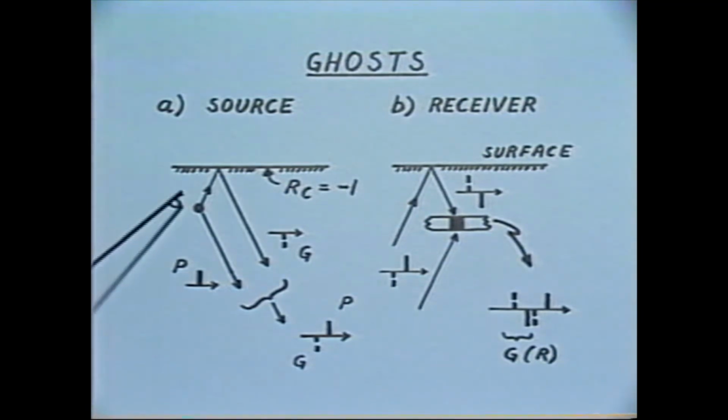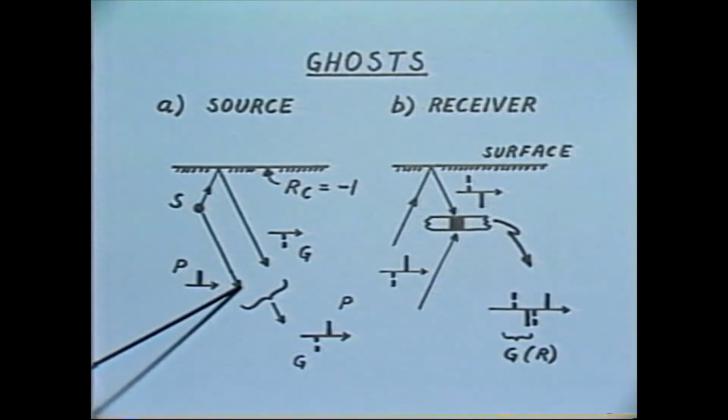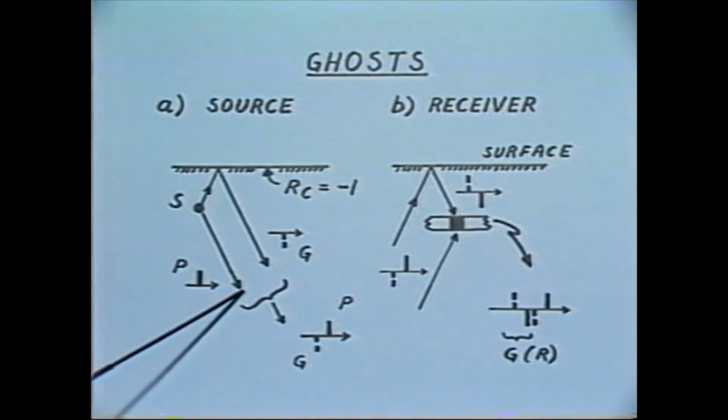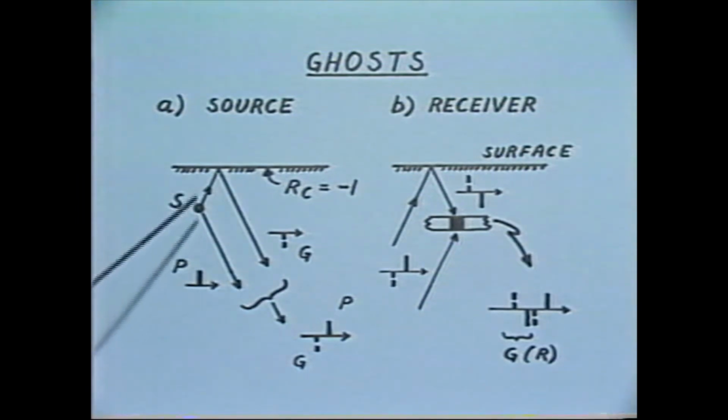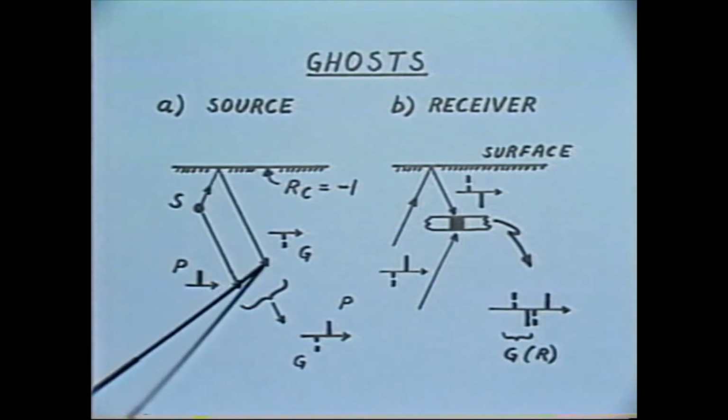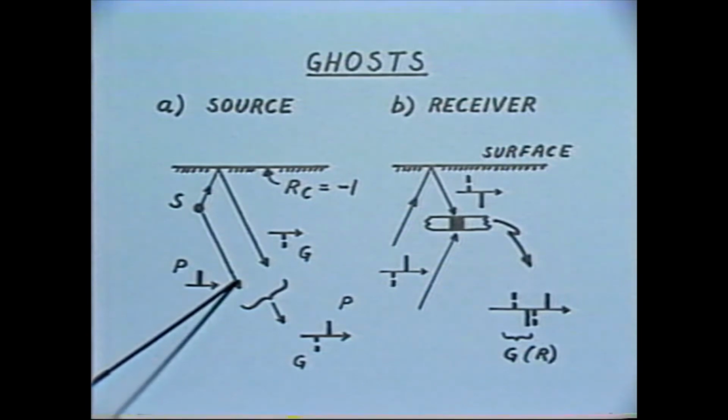If we have the seismic energy source at some distance below the surface of the Earth or surface of the water, then a ray of energy which travels down into the Earth in this direction and eventually forms a reflection is not the only ray of seismic energy traveling in that direction. There is another ray which travels first of all up towards the surface and is reflected back down again to travel in the same direction as the first ray.